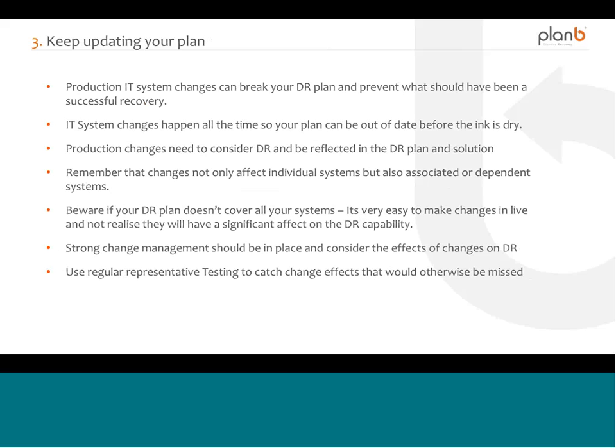Okay, and the last pillar of good practice, keeping things up to date. Obviously, because production IT systems change so quickly, when they change, they can easily break a DR plan.